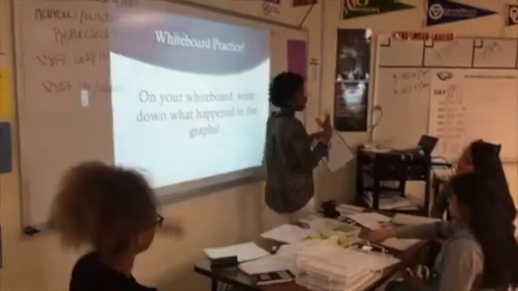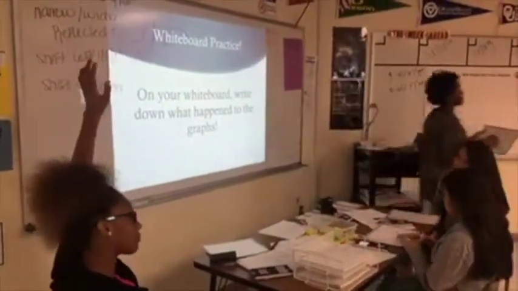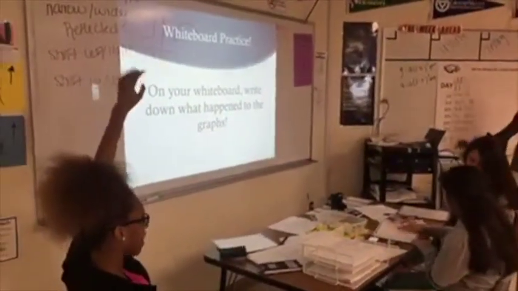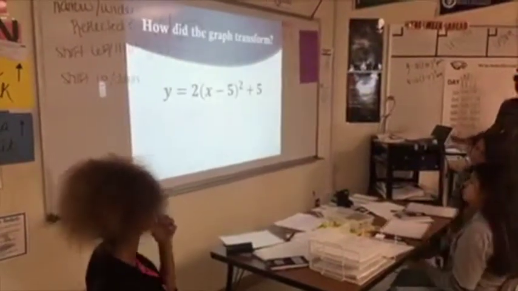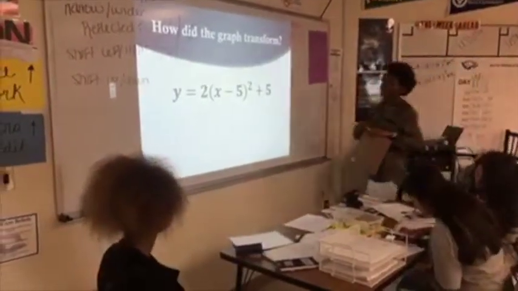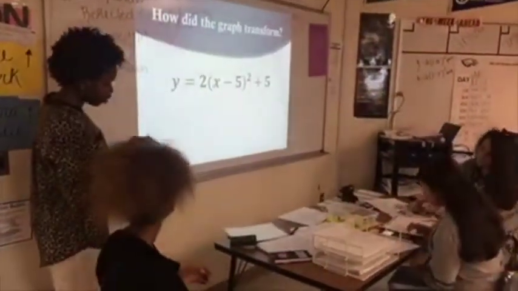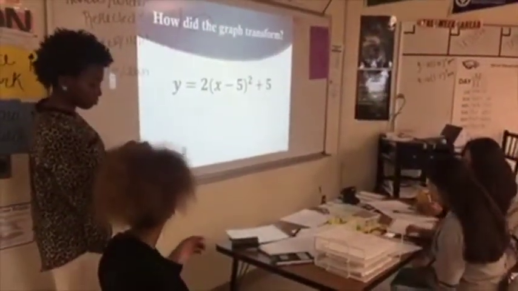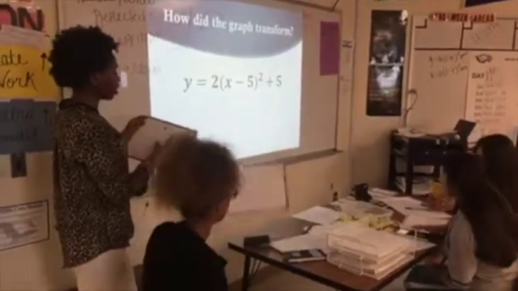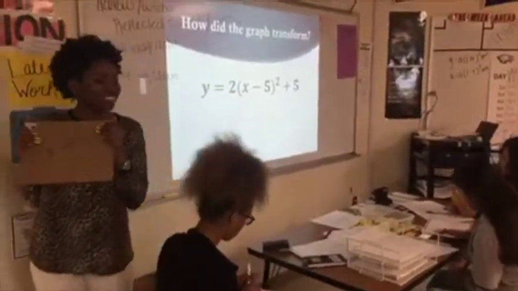To make it broad, we're going to write down what happens to the graph. All right, so this is the first equation. Go ahead and figure out all the categories are right here. So use those ones to help you. And then I'm going to call on random people to tell us what the answer is. Yes, x squared is the parent function.